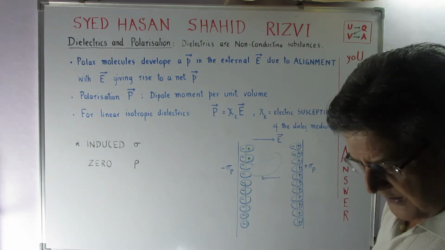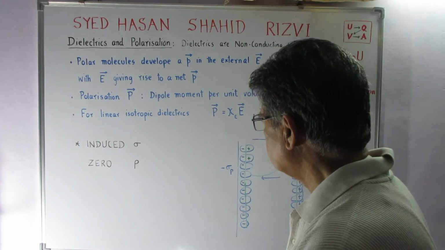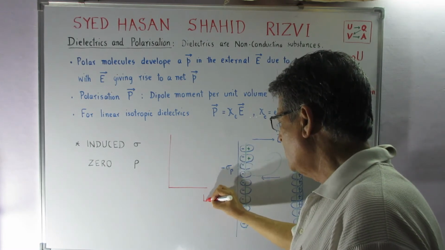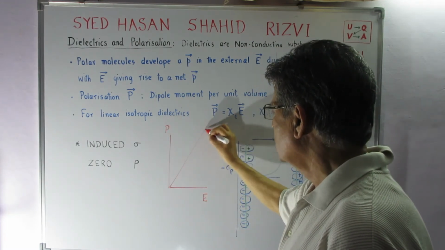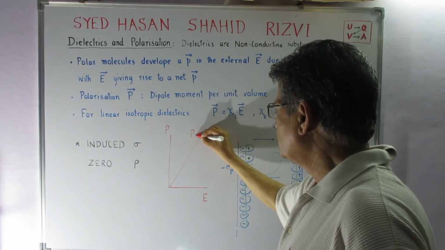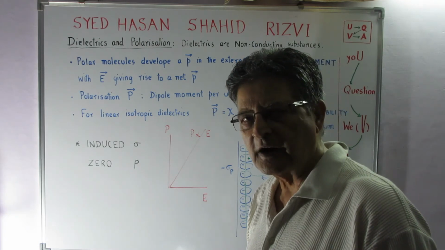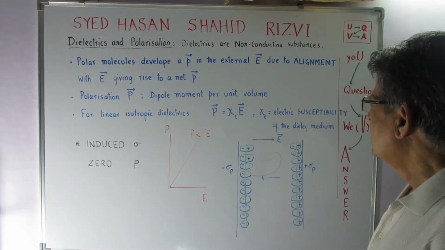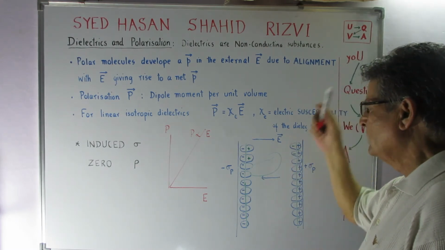What does that mean? It simply means that if we plot the value of the polarization as a function of the value of the electric field, then there will be a straight line, because P is proportional to E and is equal to this chi E. Chi is again a Greek letter, the capital letter, and is called the electric susceptibility of the dielectric medium we are talking about.